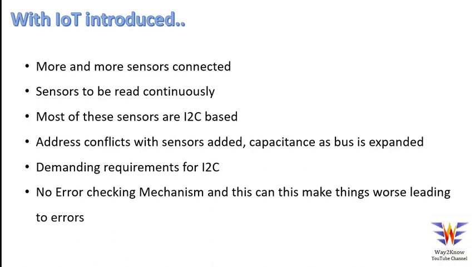Now for a design engineer who is using I2C in a simple application, or with some 3 to 4 slaves on the board, or for that case some 5 up to 10, you should not have issues. But as the demands increase, where slaves want to talk, you need to have lower power, and you must be able to manage the address conflict.